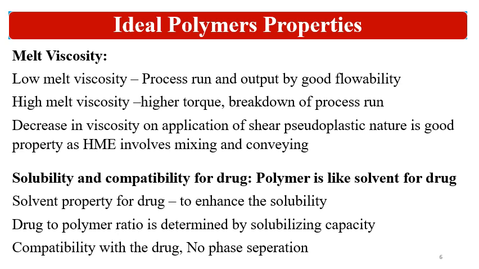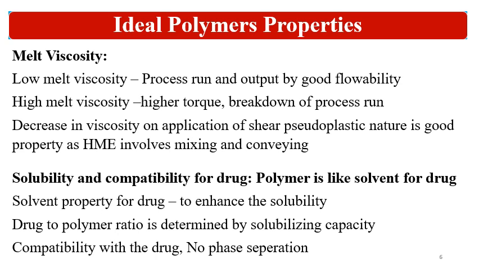Solubility and compatibility of the drug. As I have mentioned earlier, polymer is like a solvent for the drug. The polymer gets melted, and in that melted polymer the drug is mixed and melted. That's why it gives you the amorphous solid dispersion. So the solvent property of the polymer is very important.